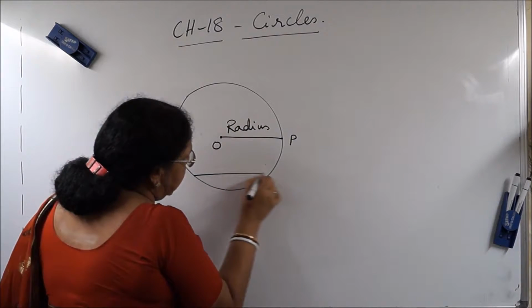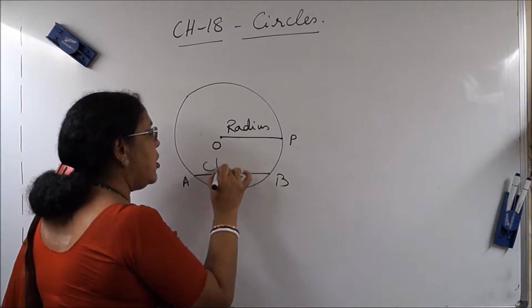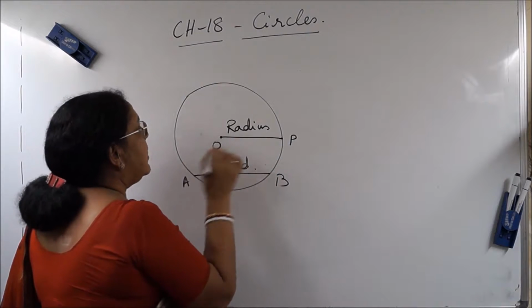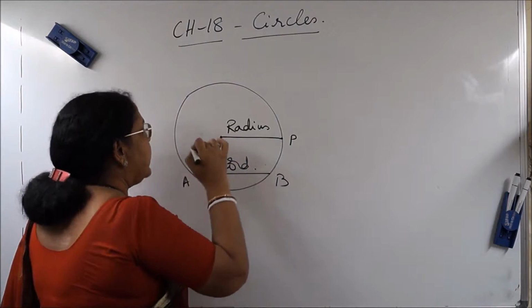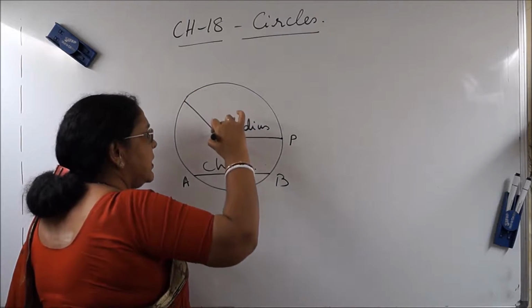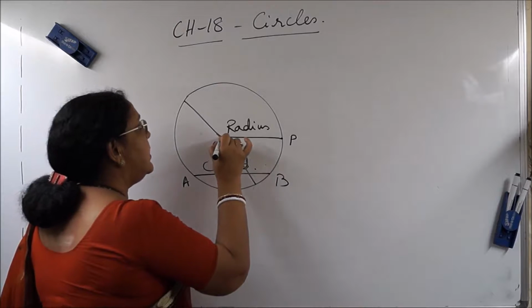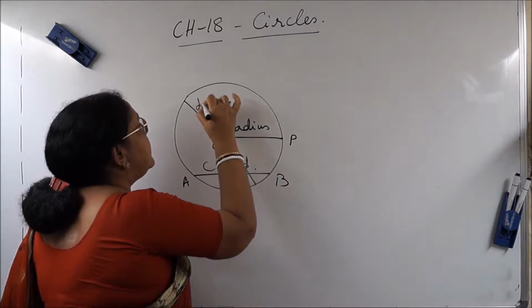The line joining any 2 points on the circumference of the circle is called a chord. A chord which passes through the center of the circle is called the diameter.